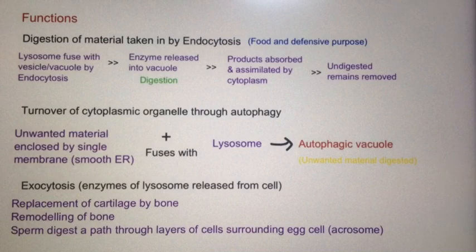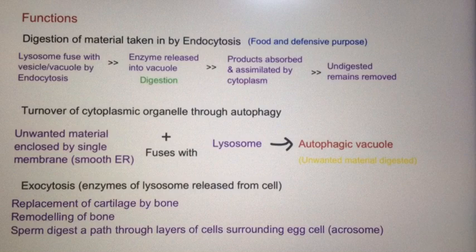One of the functions is the digestion of material taken in by endocytosis. What is endocytosis? Endocytosis is the bulk transport of materials through the membrane into the cell. The lysosome fills with vesicle or vacuole formed by endocytosis.